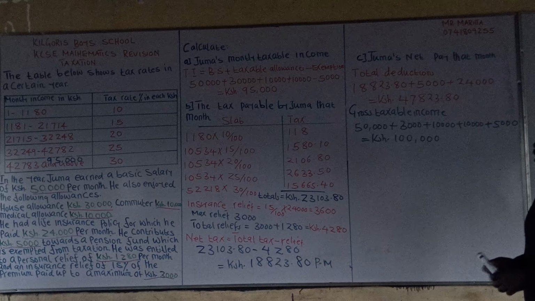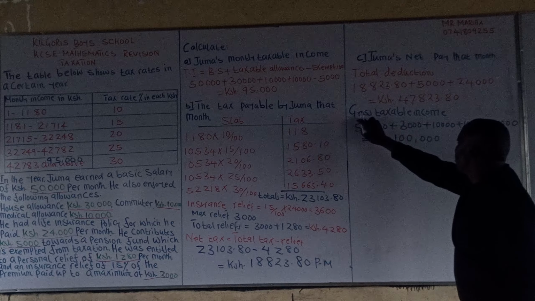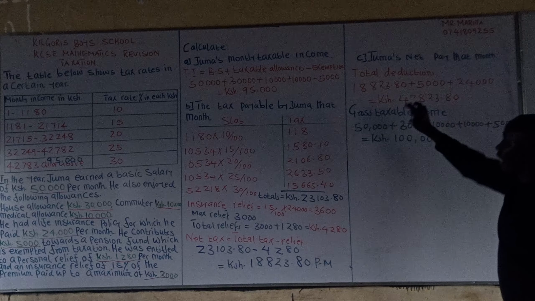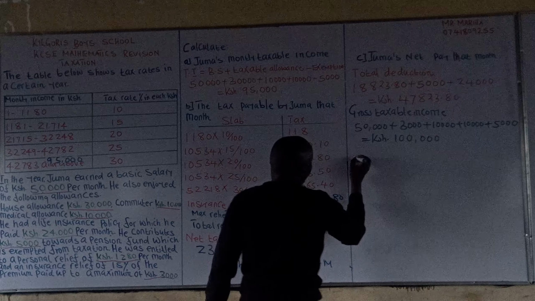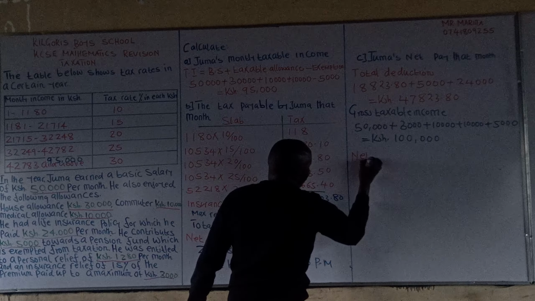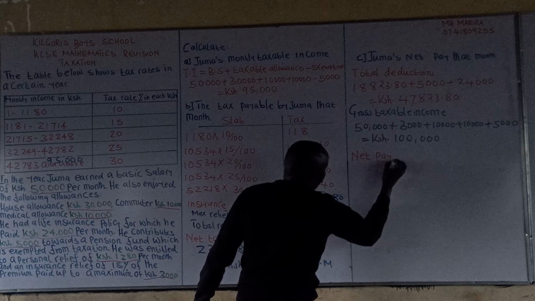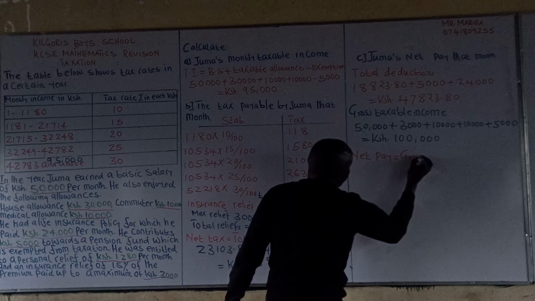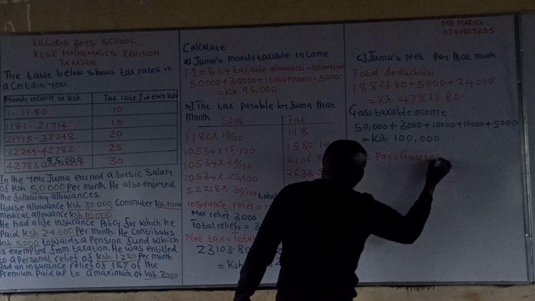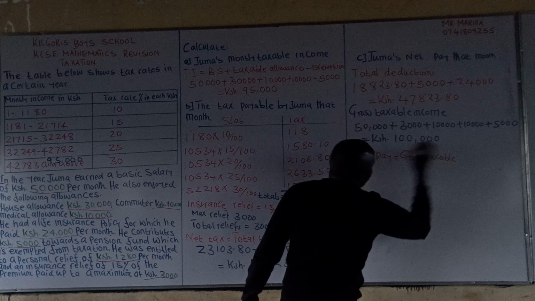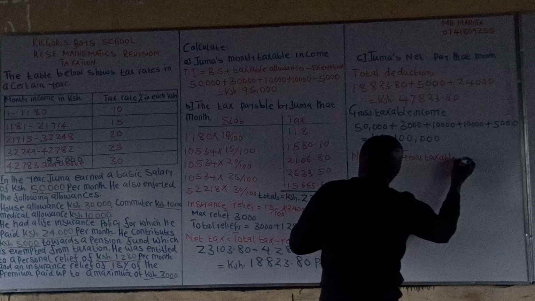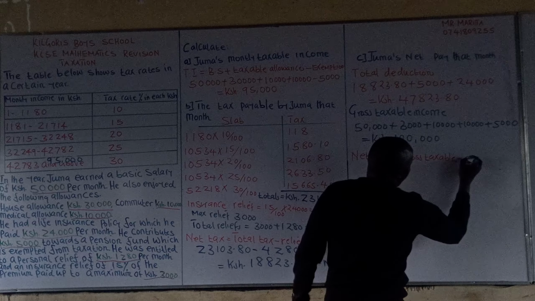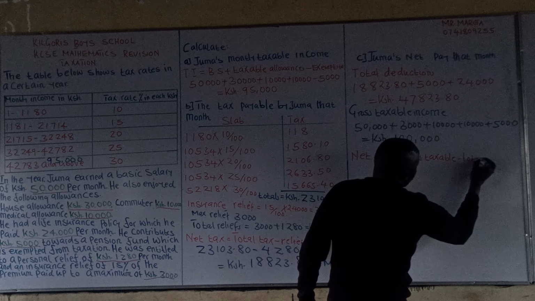So to get the net pay now, it is the gross taxable income minus the total deductions. So net pay is equal to the gross taxable income minus the total deductions.